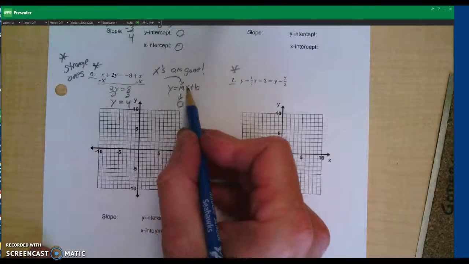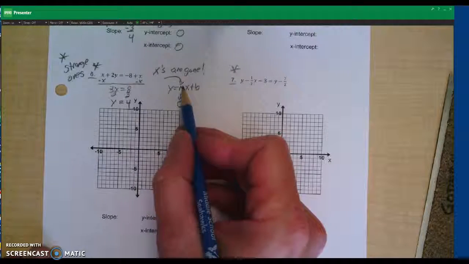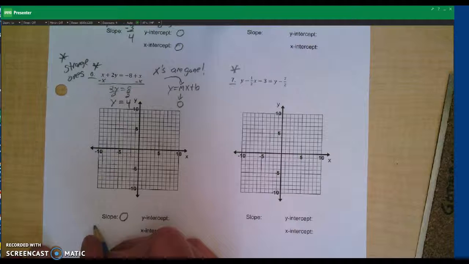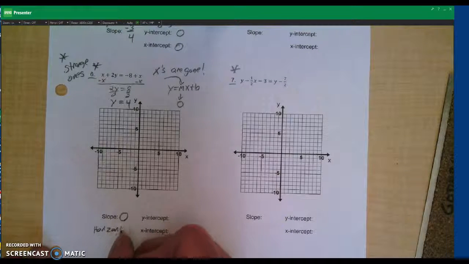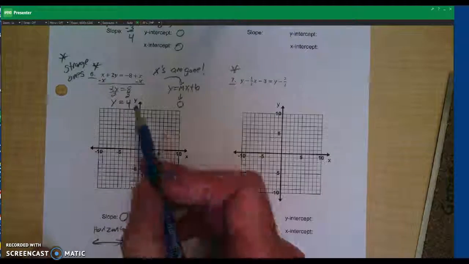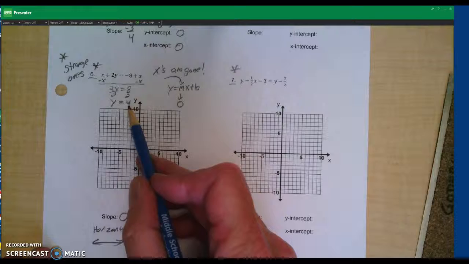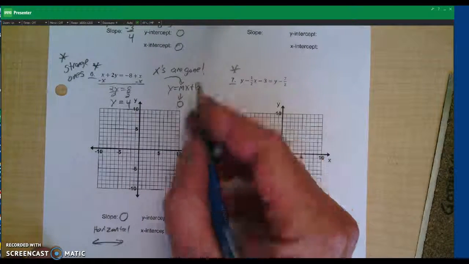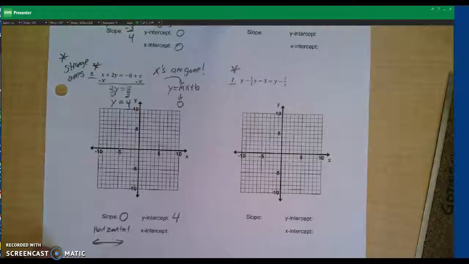The only thing times x that would make it disappear is 0. The slope is 0. You guys remember the slope of 0 is a horizontal line, like that. Well, what does that mean the 4 must be? Doesn't it must mean that it's this number here, which is your y-intercept of 4?